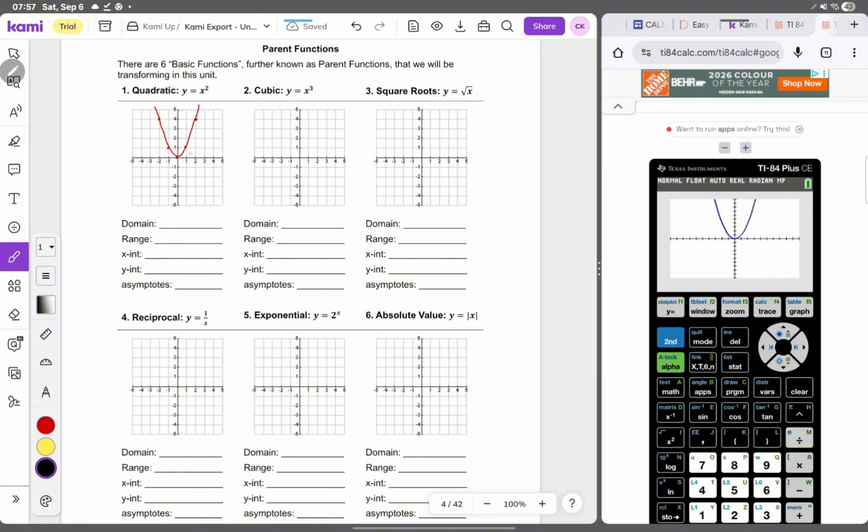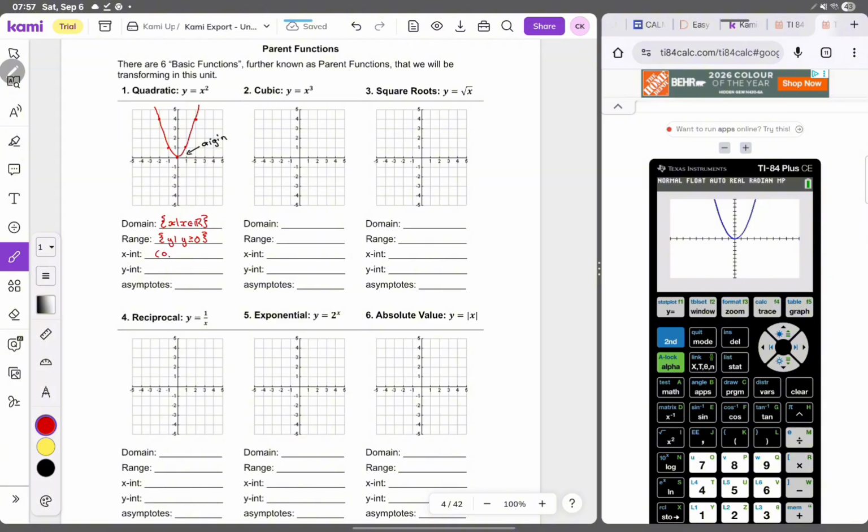Key thing on this one is recognizing when we start at the origin. So our domain is going to be the set of all real numbers. Range, we have to be greater than or equal to 0.